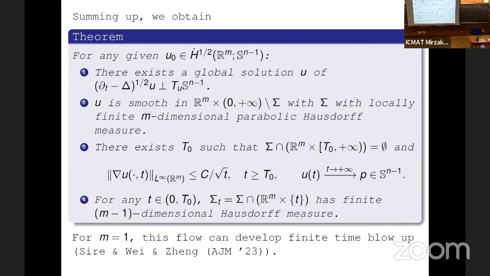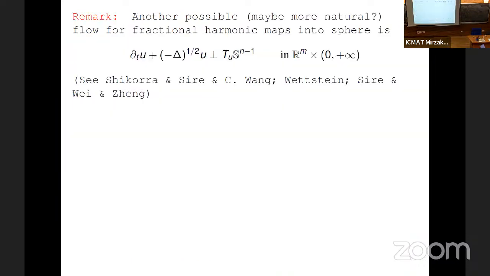The point is that this flow has been studied quite a lot, and there are beautiful results. For instance, in this last paper by Yannick, the same group as before, they studied the blow-up, which now occurs in infinite time for this equation.